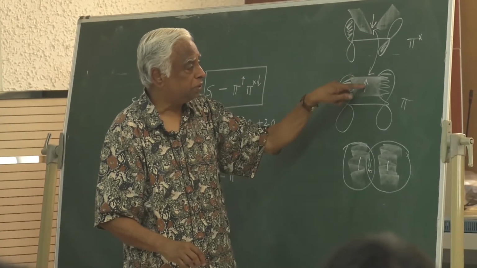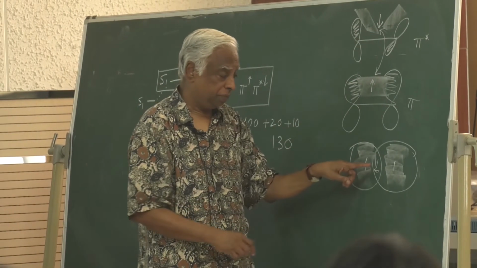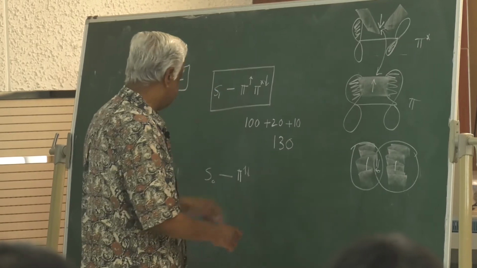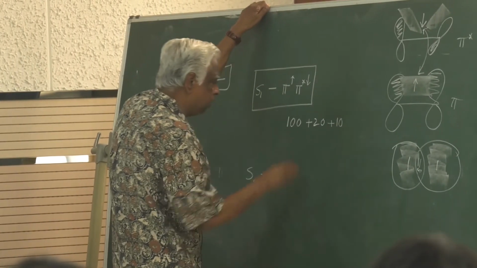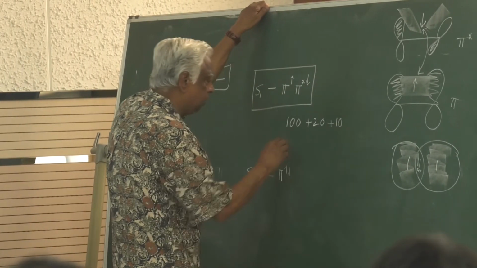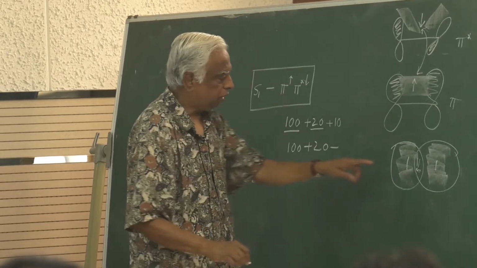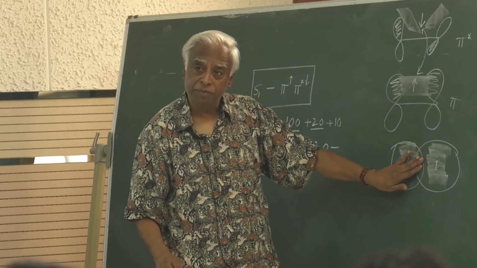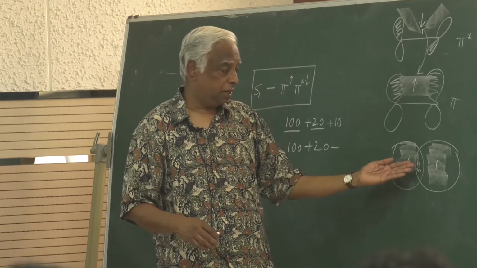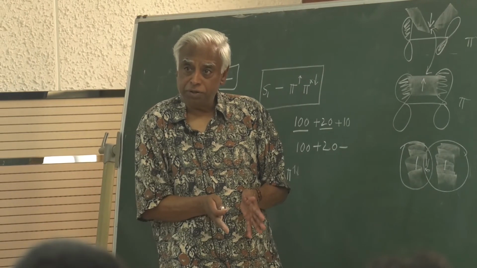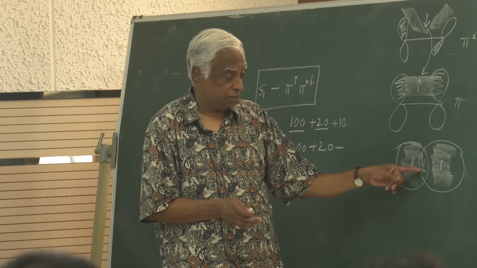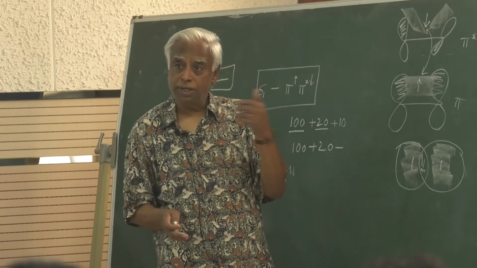If these two electrons have the same spin, now what is going to happen is the triplet state is going to be 100 plus 20, and now if the two electrons don't stay here, then that means it is going to be less repulsion because they are not closer to each other. So what we guess is more than what really is.